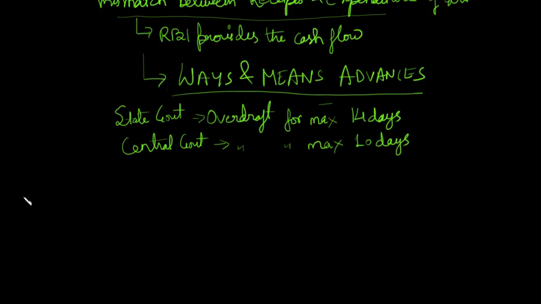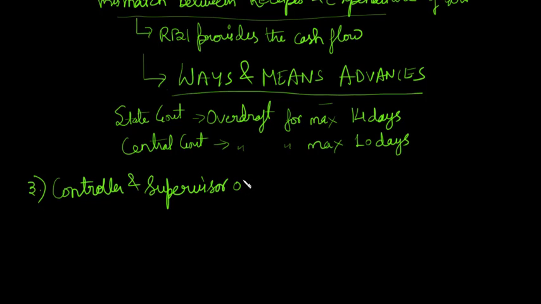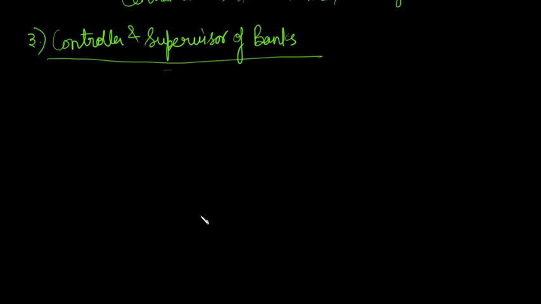Next comes controller and supervisor of banks. RBI acts as a controller and supervisor of all the commercial banks. In this case, RBI is responsible for controlling the overall operations of all the commercial banks in India. What are the banks?